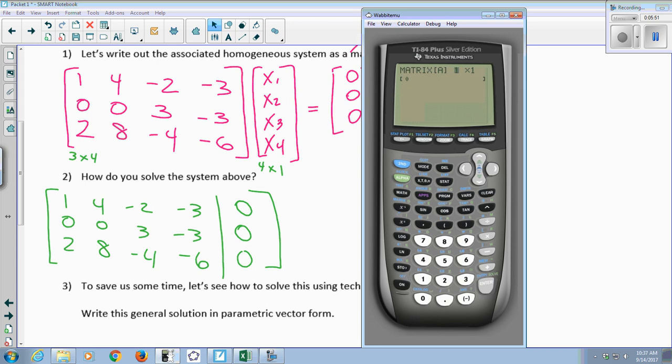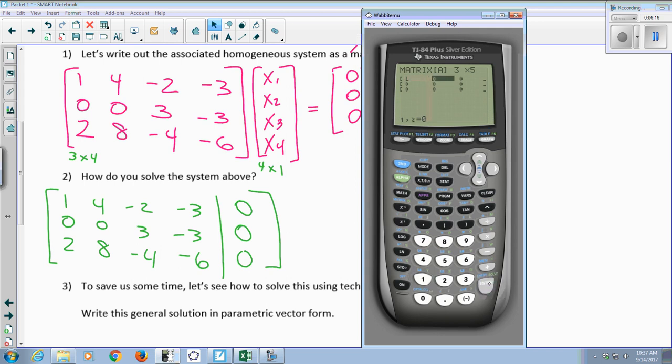First you have to tell it the dimensions, how many rows, how many columns. This was 3 rows, 1, 2, 3, 4, 5 columns because we're entering the augmented matrix. So this is 3 by 5, and it builds a 3 by 5 matrix. Now you just put in all the entries, and it works across. Each time you hit enter, it goes to the next spot across the row.